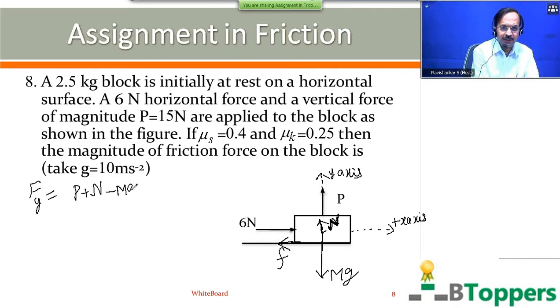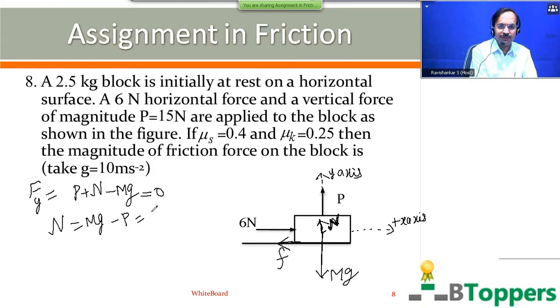The weight mg acts vertically downwards, in the negative direction of the y-axis. So the y component of the resultant for the block can be written as P plus N minus mg. That will be 0 when the block has no motion in the vertical direction. So the magnitude of normal reaction on the block equals mg minus P.